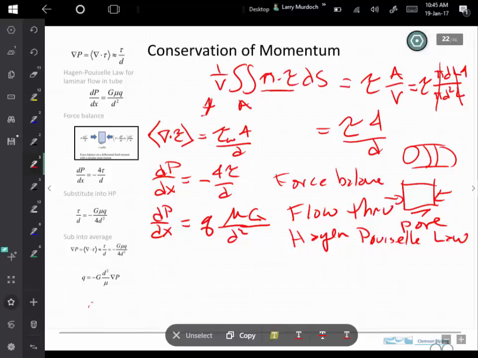We've got this term here that we got from averaging over the pore volume. We got this one here that's from a force balance, and this one here that's from the flow through the pore itself. Okay?